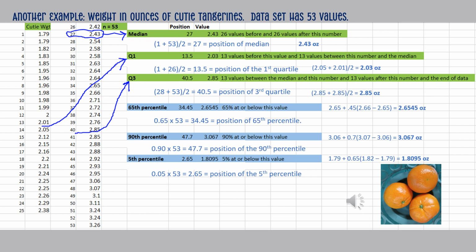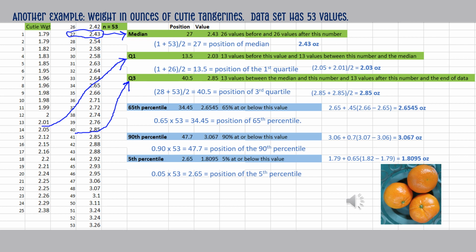The difference between those two values gets multiplied by the 0.45 in the 34.45, and then you add that extra little bit to the 34th value. So 2.65 was the 34th value. You're going to put 45% of the distance between it and the 35th, and that gives you 2.6545 ounces.